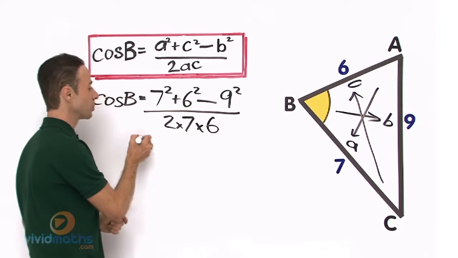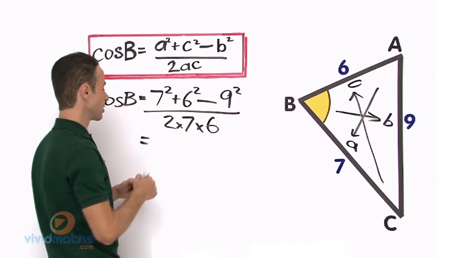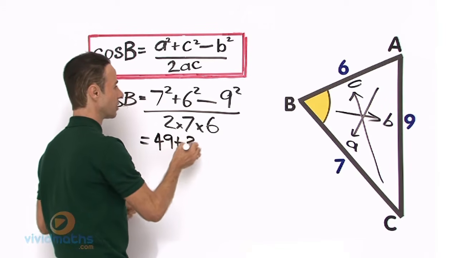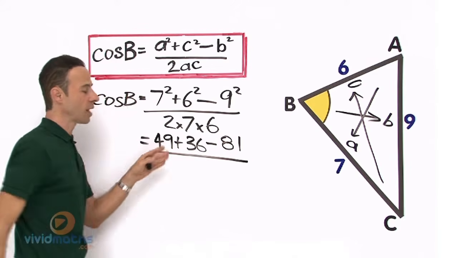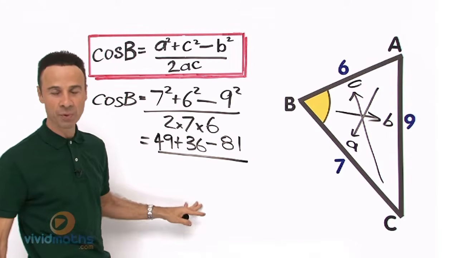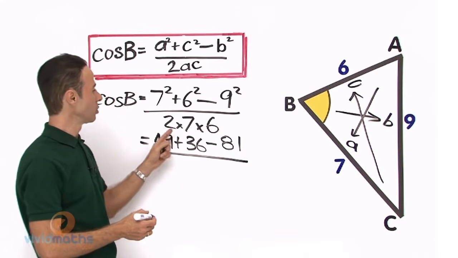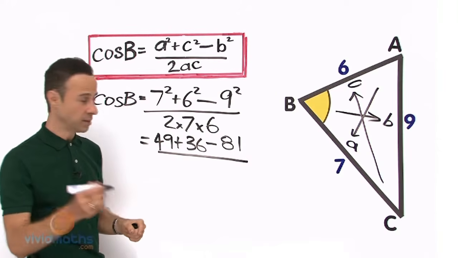Okay, all we've got to do is put that into the calculator. So 7 squared plus 6 squared, well, we know that's going to be 49 plus 36 minus 81. Hopefully we'll have a small number on the top and a bigger number on the bottom because we want to get a decimal. That's 0 point something. 2 times 7 times 6 will give us 84.